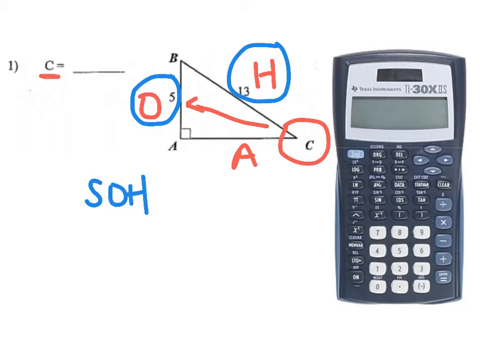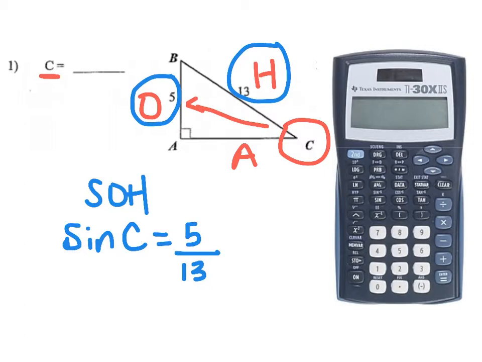So we're going to set up our fraction similar to the last video. So sine, but in this case we don't have angle C, so we don't have a number to plug in there, so you're just going to put in a C because that's what's missing. Opposite side would be 5, the hypotenuse would be 13. Now, in order to find C, you need to move sine.